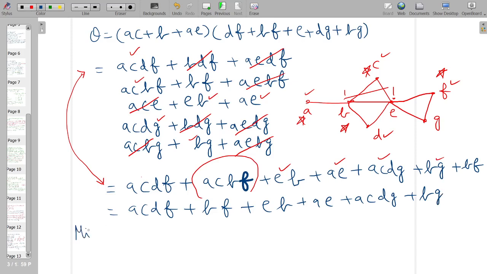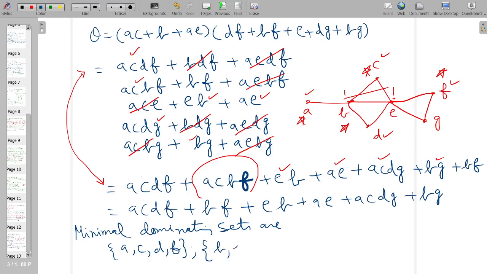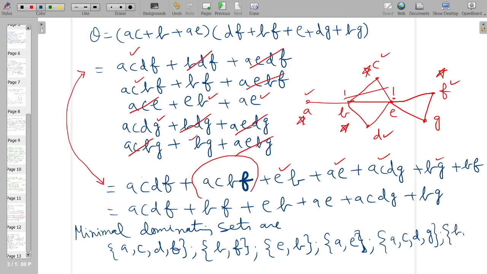So here your minimal dominating sets are ACDF. Okay, next one is BF. Next one would be EB. Next one would be AE. Next one would be ACDG, and the last one would be BG.